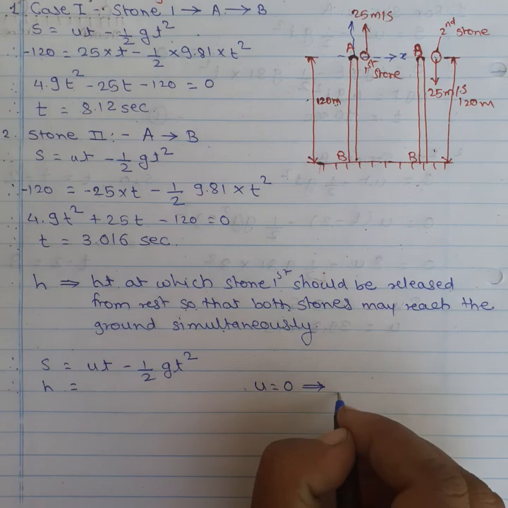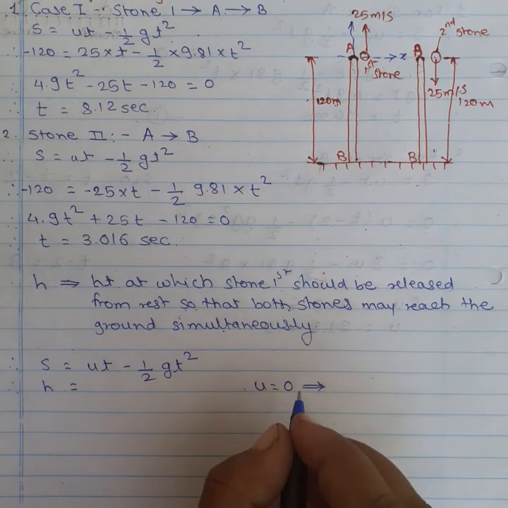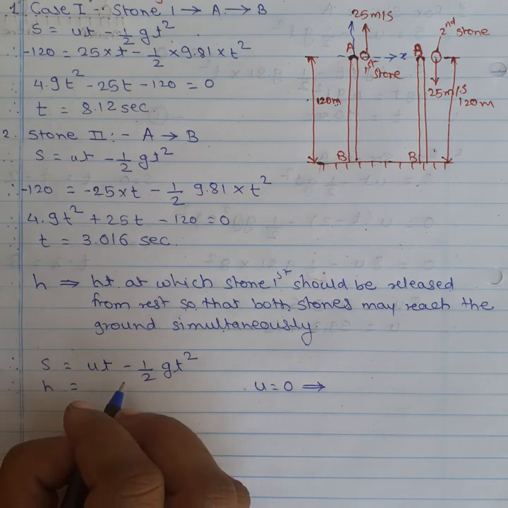That's why u is equal to 0 when the stone falls freely.